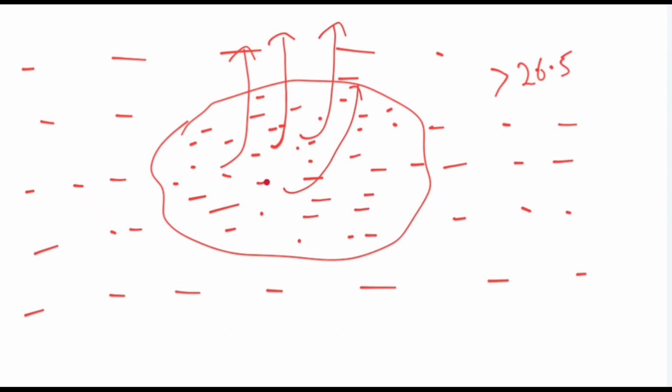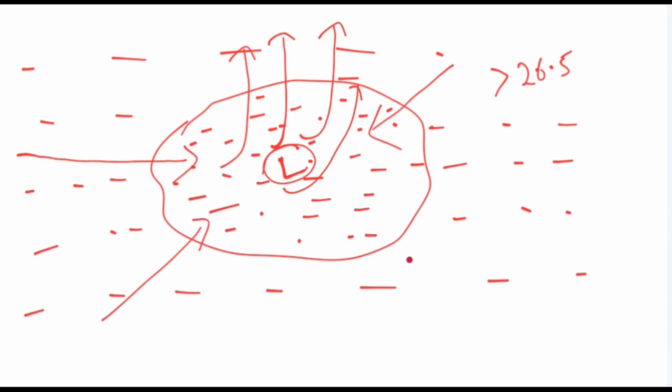When air rises upward, it will produce a low pressure condition here. Then from the nearby region, wind will flow to this low pressure region, because wind always flows from high pressure to low pressure.